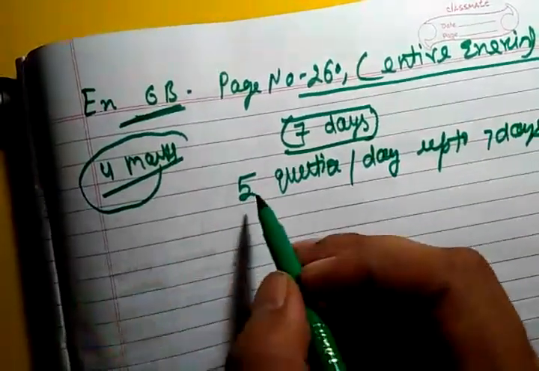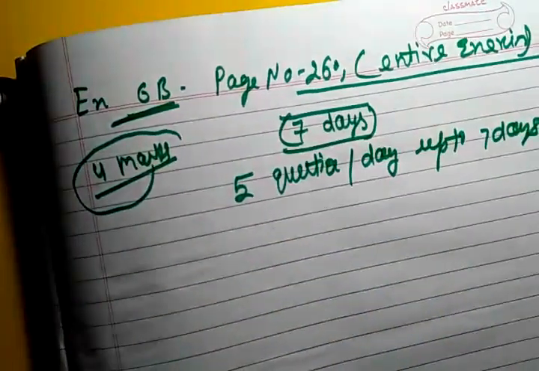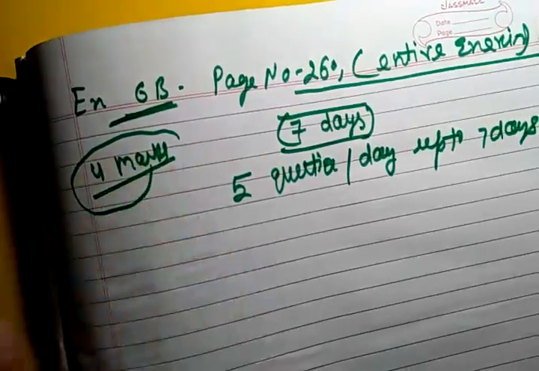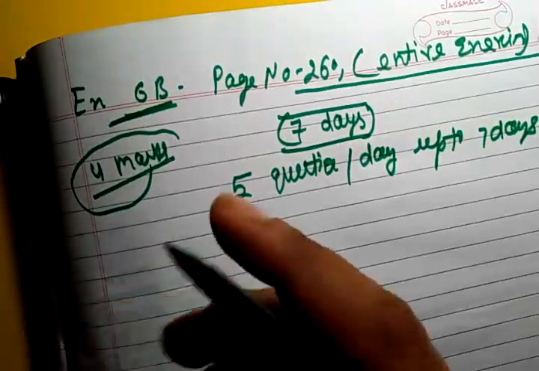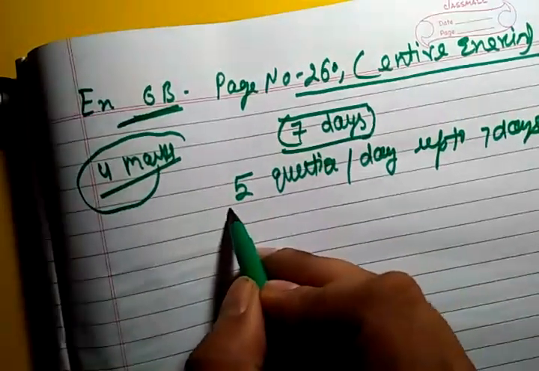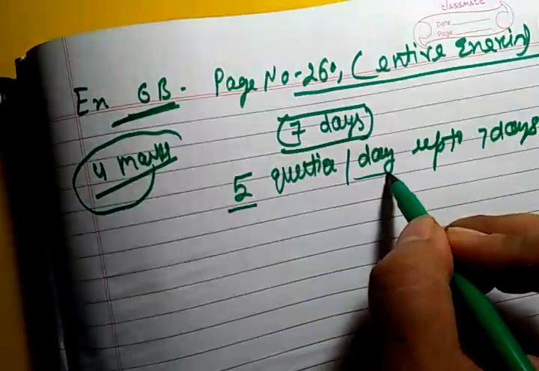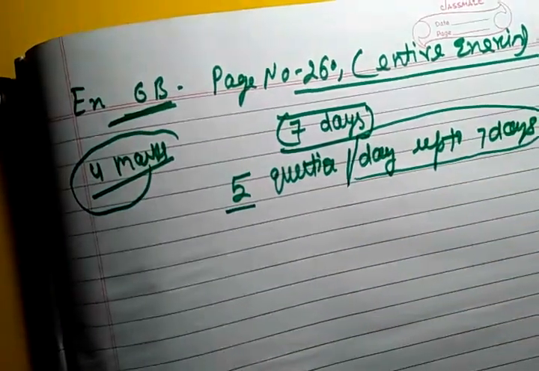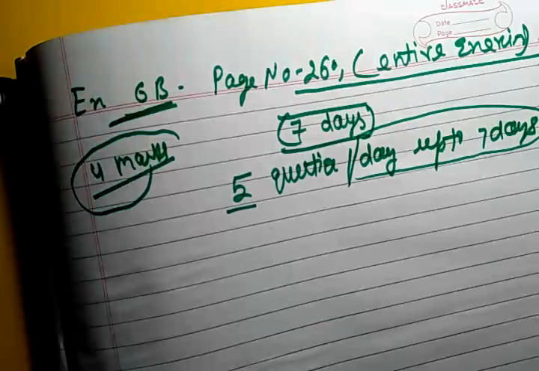Okay, in the starting, up to 10 questions it becomes very easy. So up to 10 you can do in a single day, and after 10 divide your exercise into 5 questions and complete it in a 7 day period.